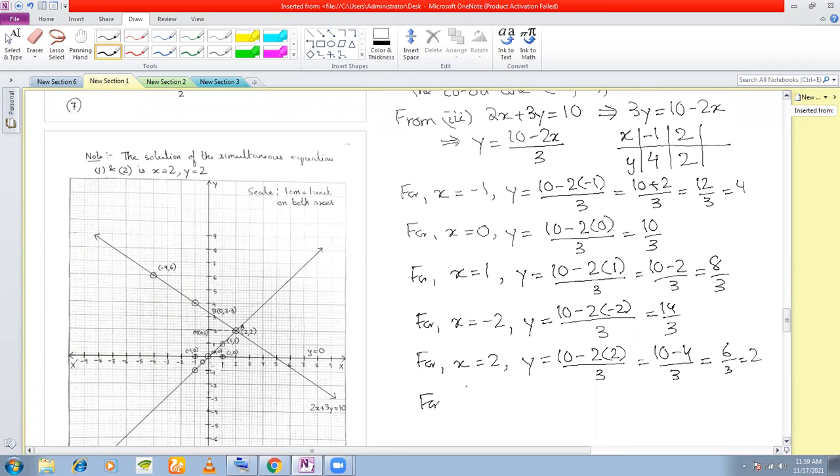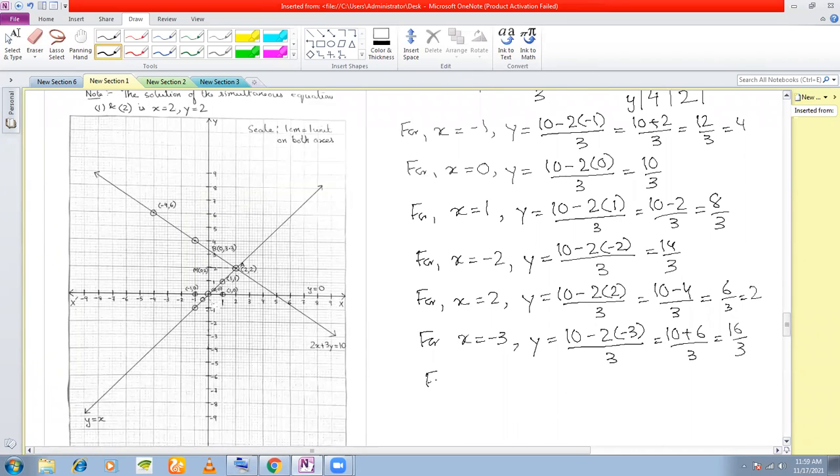Now let us take another value. We have taken -2. Let's now take x is equal to -3. Y is equal to 10 minus 2 into -3 divided by 3. So you get 10 plus 6 divided by 3, which is equal to 16 by 3. Again, a fractional value. So better not to take this value. For x is equal to, let's say we try the value 3. 10 minus 2 into 3 divided by 3, which is equal to 10 minus 6 divided by 3.